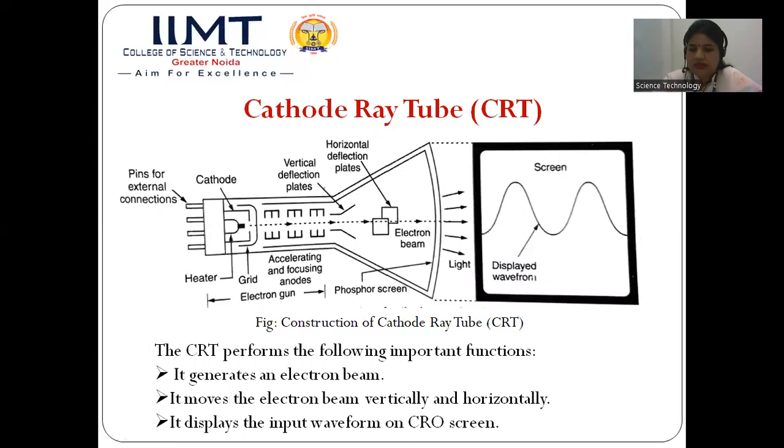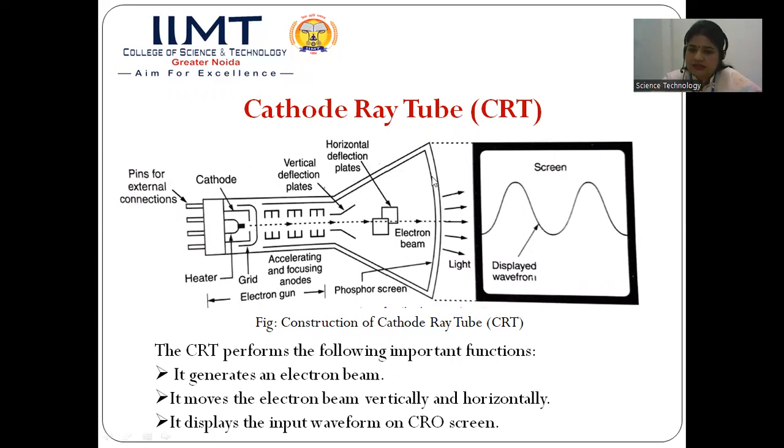The simultaneous force which is exerted in the x and y directions will deflect the beam in such a way that the waveform will be displayed on the screen. By the simultaneous force exerted by both the plates, the resultant electron beam will get modified and we will get the resultant output on the screen.